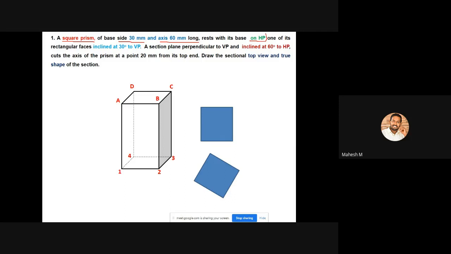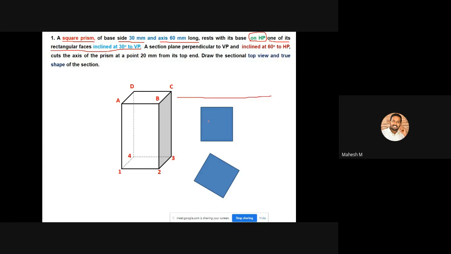So please read out this on HP. So your top view will look like a square. So we have to create a square on the top view. Okay, and one of its rectangular faces inclined at 30 degrees to VP. So please consider this as a reference line.